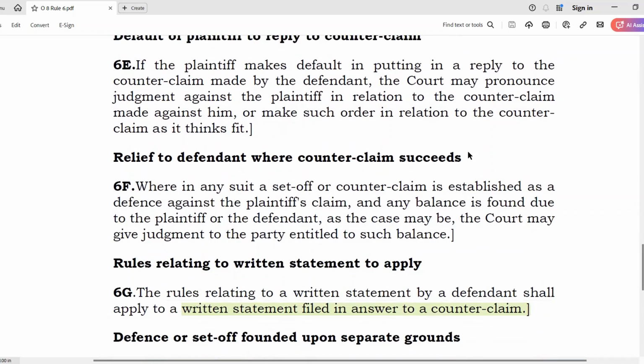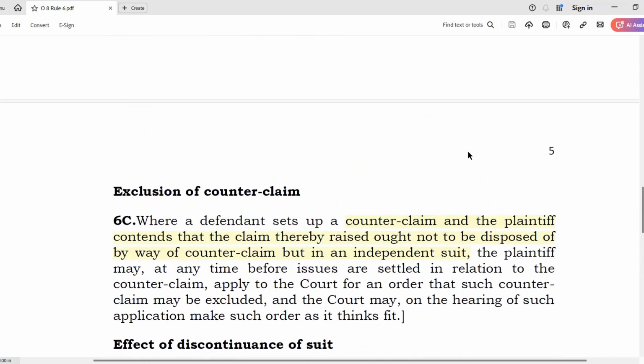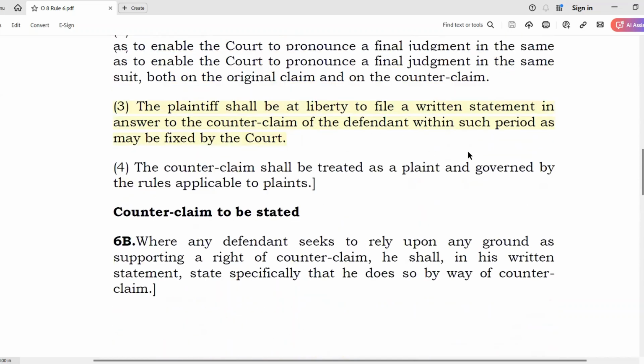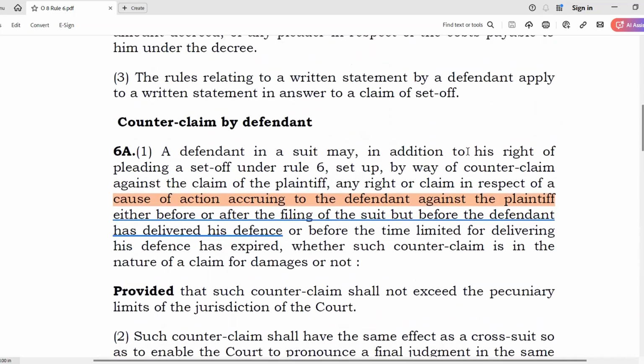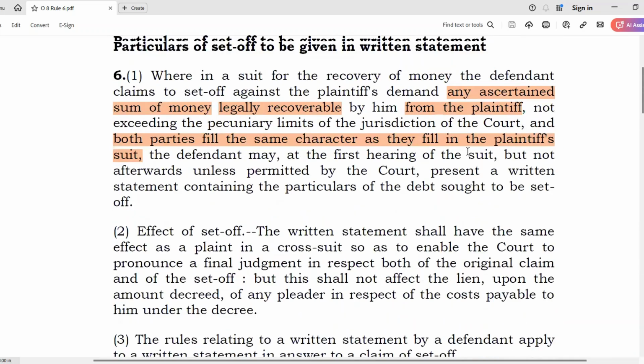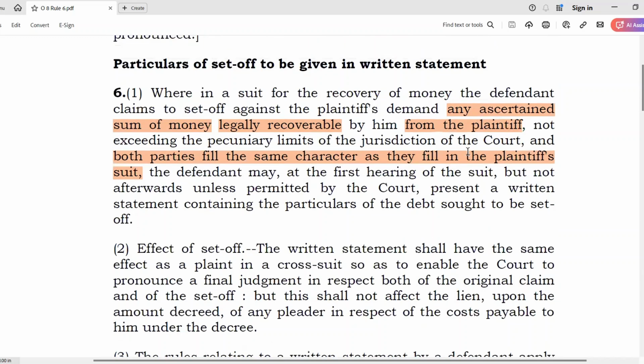Now, let's deal with the equitable set-off. As we just saw, in a claim for set-off, the sum of money should be ascertained. Now, just take an example. There is a contract which does not provide for liquidated damages.